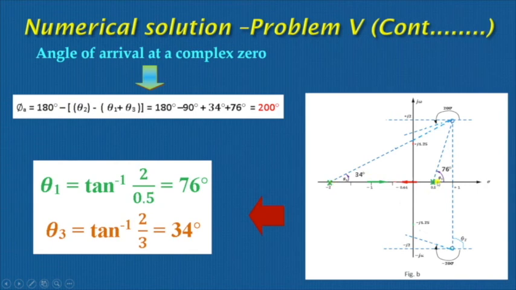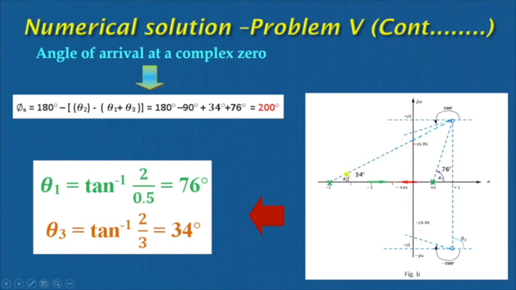Another angle summation: calculate theta 1. Theta 1 is tan inverse y by x. Y is 2, and x is this magnitude plus 1, that is 0.5. So 2 by 0.5, so this angle is 76 degrees.